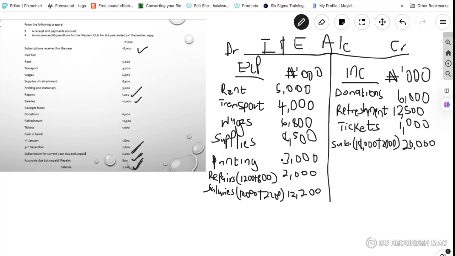So we have excess. That means the expenditure side is more than the income side.